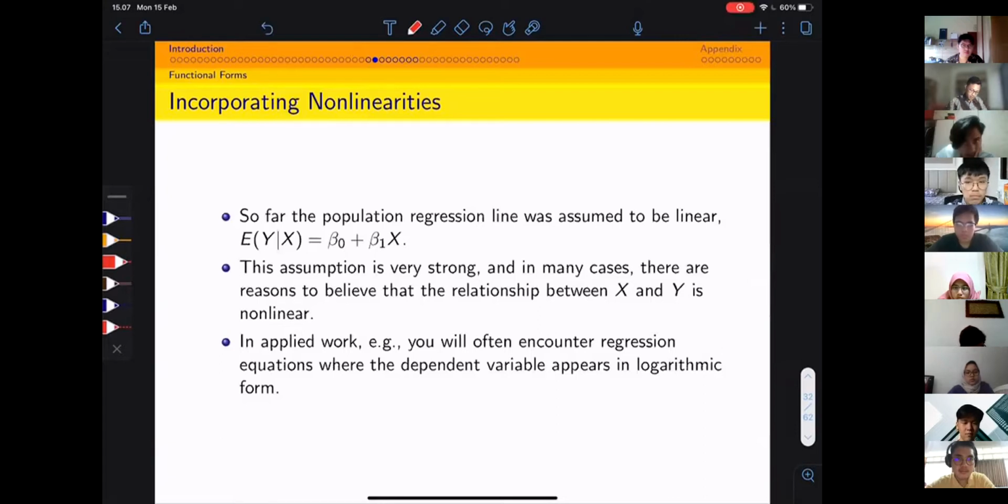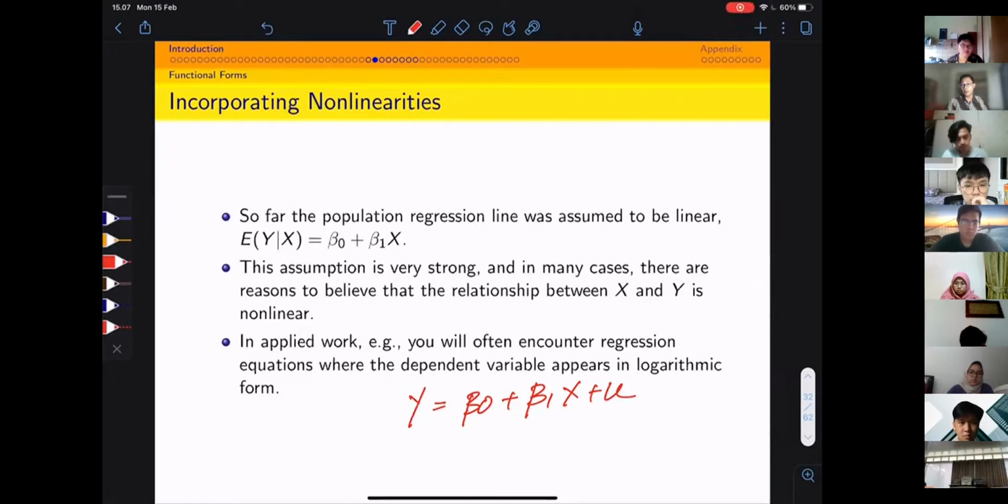Okay, so for example, in earlier modeling, we have beta 0 plus beta 1x plus the unobservable variable. In some cases, we're going to do transformation of either the y or x, or actually both y and x. And one of the transformations that we usually use is the logarithmic transformation.